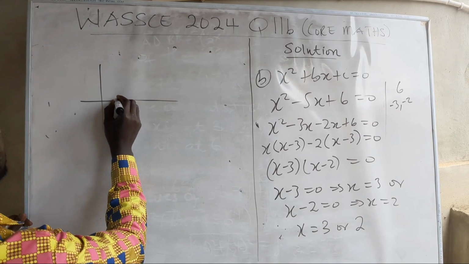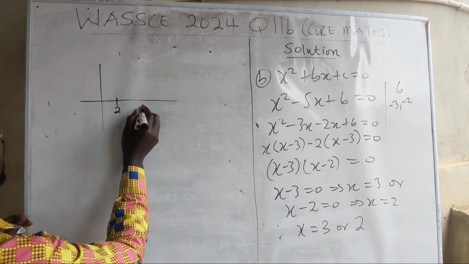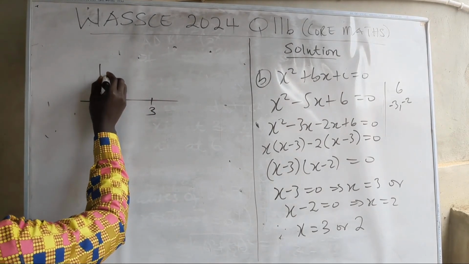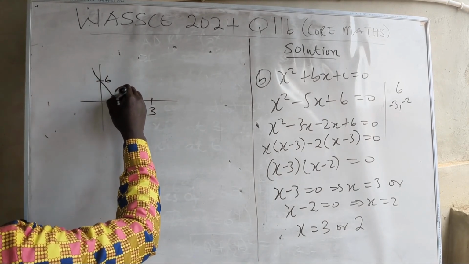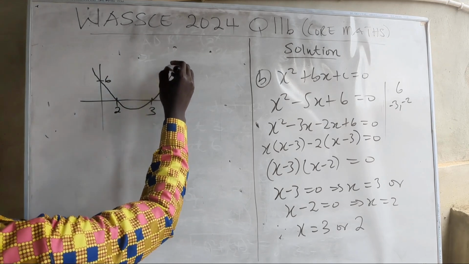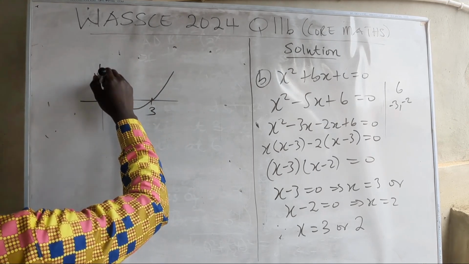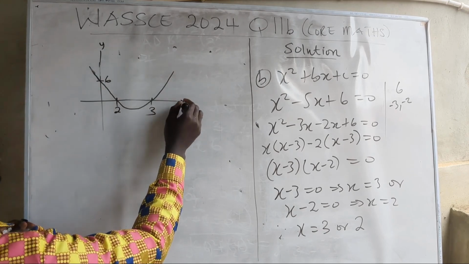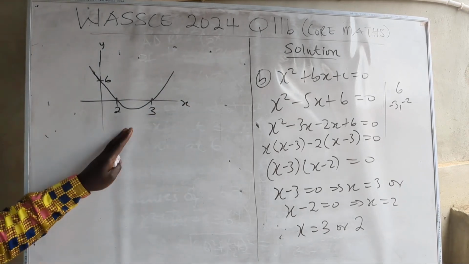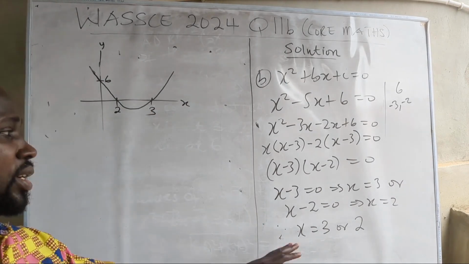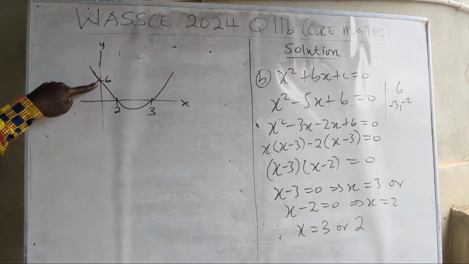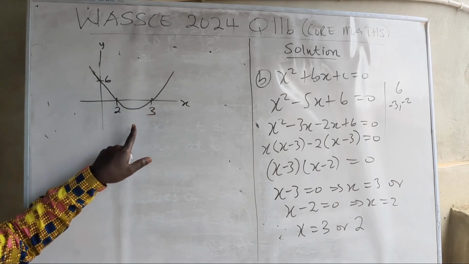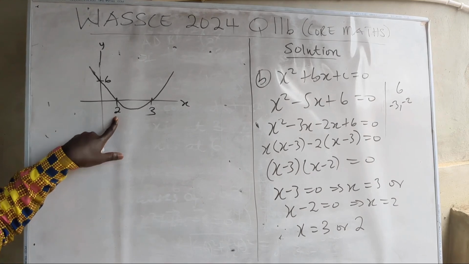It will touch the s-axis at 2 and it will touch it at 3, because 2 and 3 are the roots, and then touch the y-axis at 6, so our graph would pass here and also pass here. So this is how our graph is going to be. It cuts the y-axis at 6 and the s-axis at 3. Because the roots are 3 and 2, it will also touch the s-axis at 2.